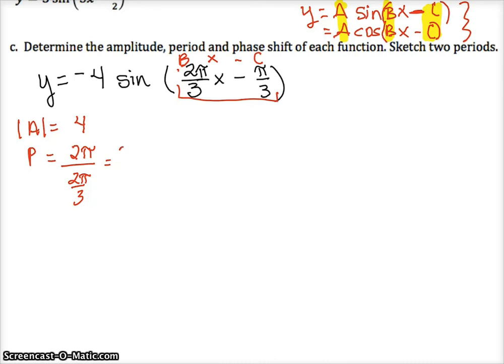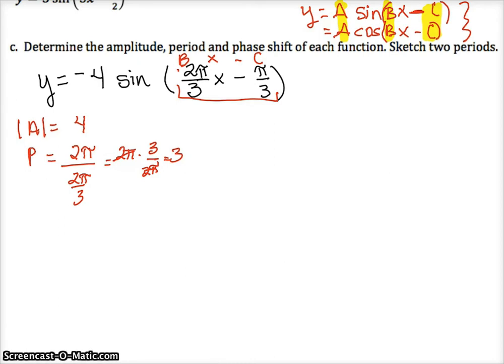So to simplify that, we'll keep it, switch it to multiplication, and flip it. And our period is 3 radians in length. Don't let that bother you because the pi symbol is gone. Remember, pi is nothing more than the exact value of 3.14.